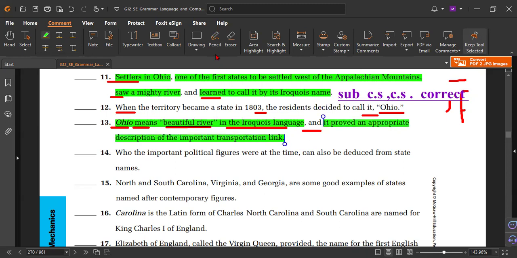Let's prove it. Is it complete? Yes. It has a subject and a verb, and then a complement, an appropriate description of the important transportation link. There is no problem, so this comma is used correctly. Remember, in this exercise we need to prove whether the comma is used correctly or misplaced.